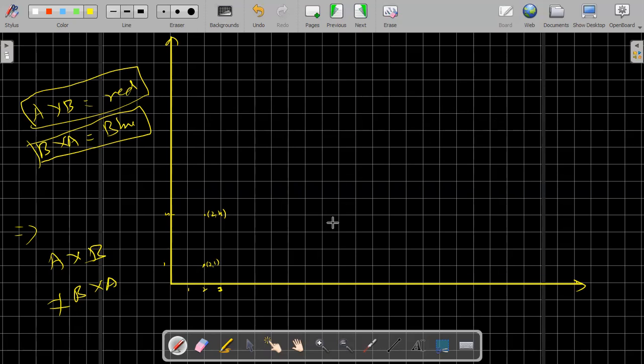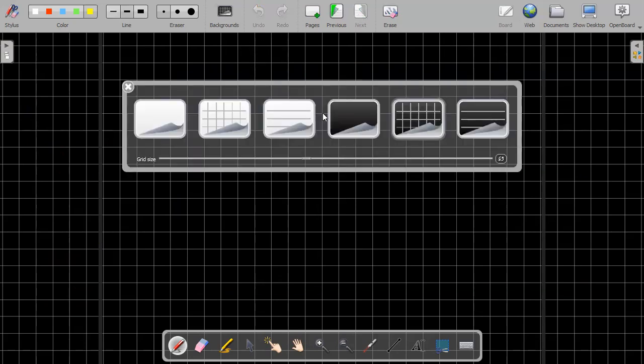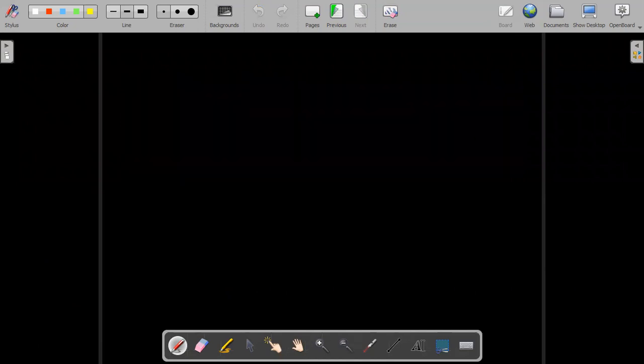Now our next concept is the diagrammatic representation of the Cartesian product of two sets. That was graphical, now diagrammatical. How can we represent it diagrammatically?